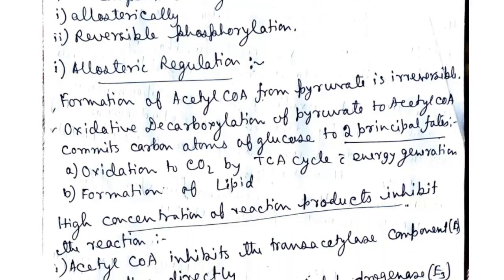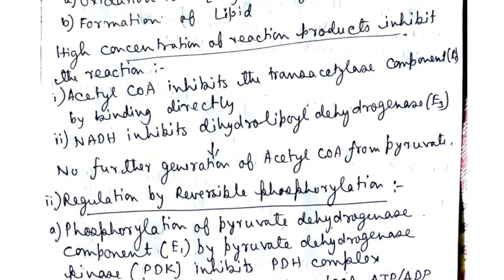Now high concentration of these reaction products can inhibit the reaction, as here acetyl-CoA inhibits the transacetylase component by binding directly, and NADH also inhibits dihydrolipoyl dehydrogenase. So there is no further generation of acetyl-CoA from pyruvate.